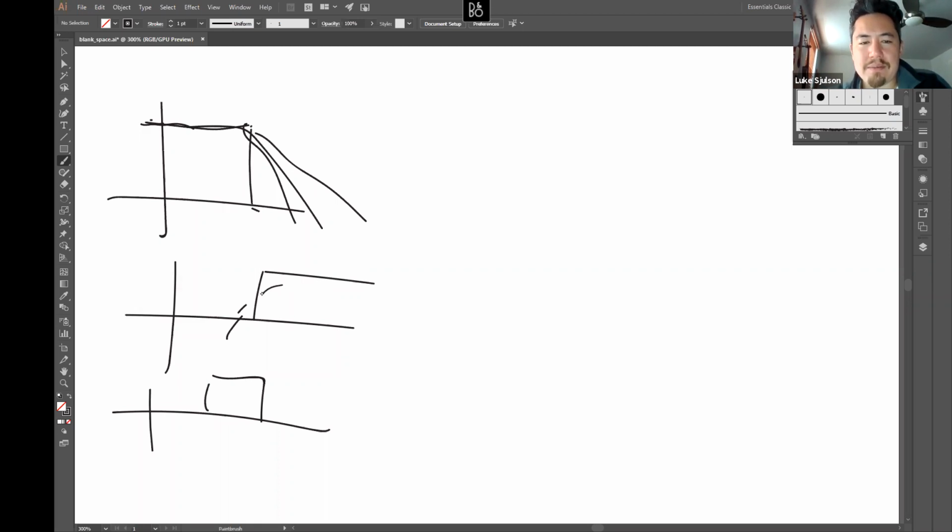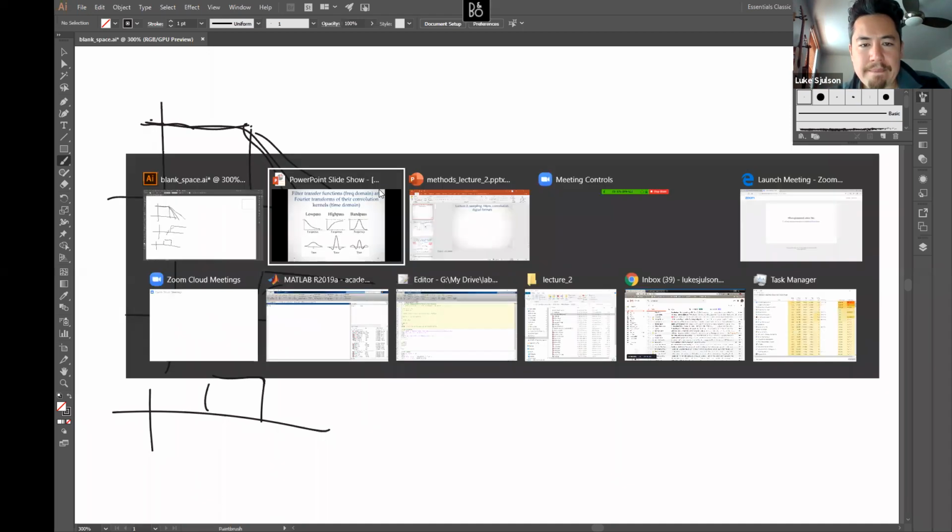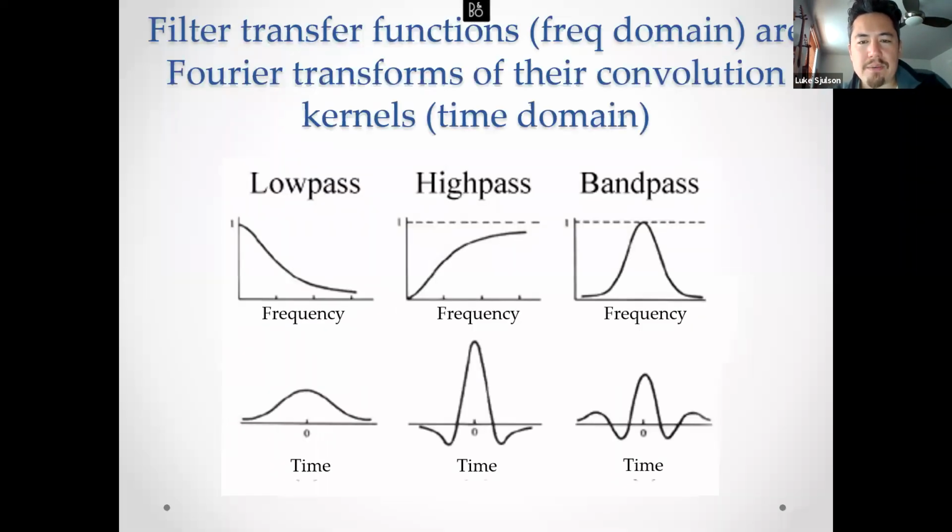Sometimes it's faster to Fourier transform, multiply, and then go back than to do the convolution in the time domain. If you use the conv function for convolution in MATLAB, I'm pretty sure it does it in the frequency domain and then transforms it back. Does everybody get this duality, convolution and filtering?